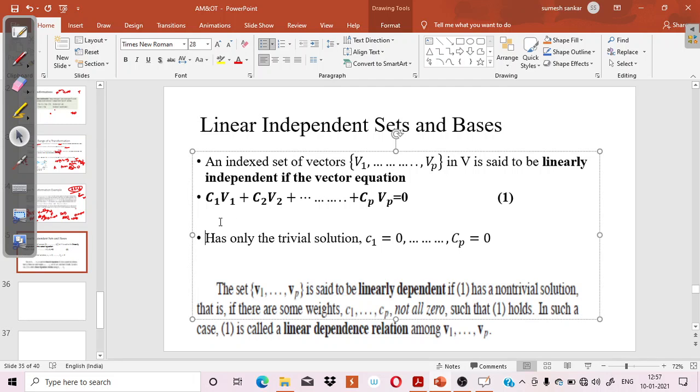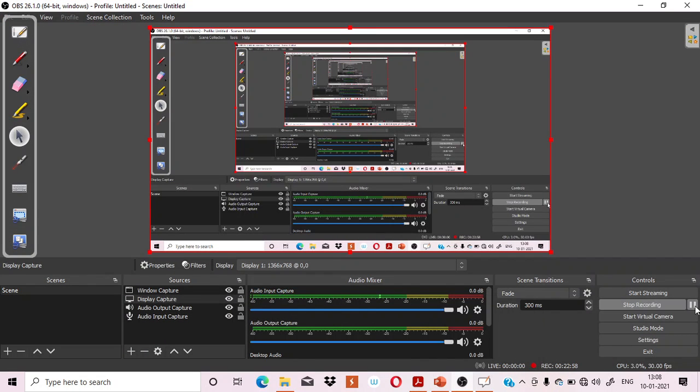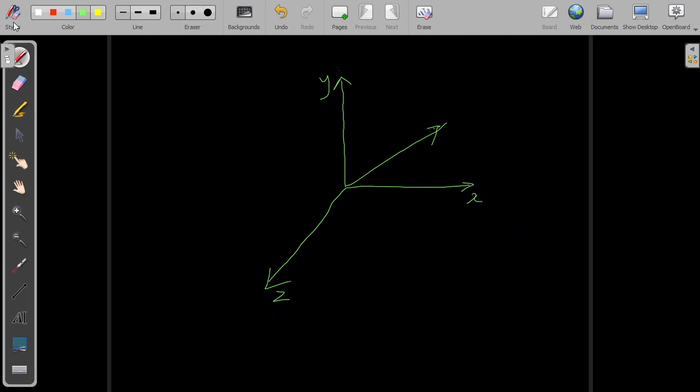That means you cannot have a nontrivial linear combination of these vectors. That is the concept. For example, let me consider this xyz coordinate system that belongs to R3.